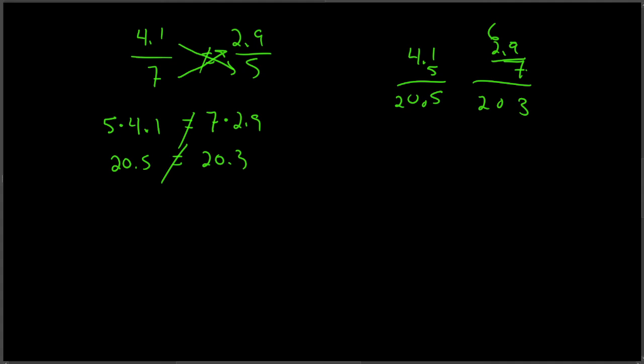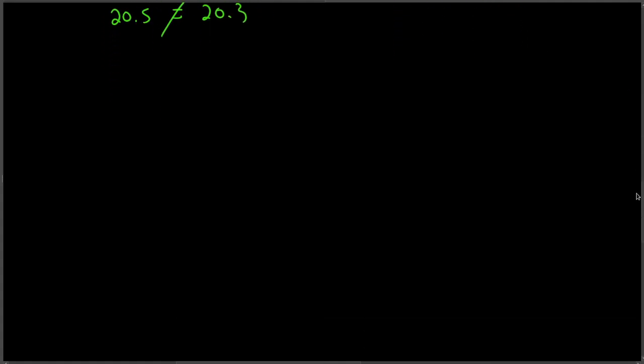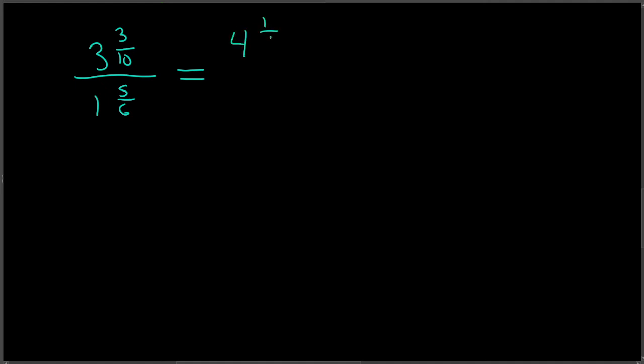Right, let's look at another set of proportions here. Sometimes we get really complicated ratios. So I'm going to give you the ugly example from the book. 3 and 3/10 to 2 and 1/3 is proportional to 1 and 4/5 to 2 and 1/3.